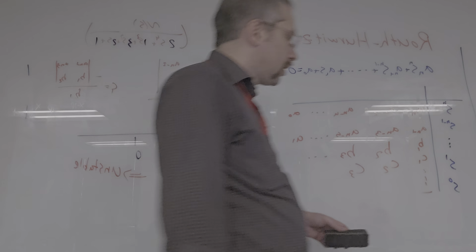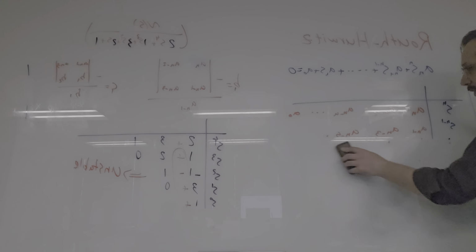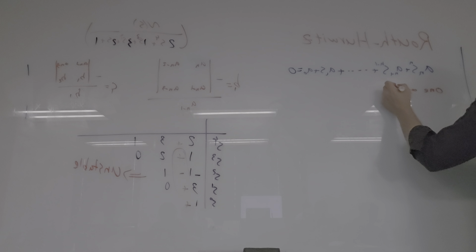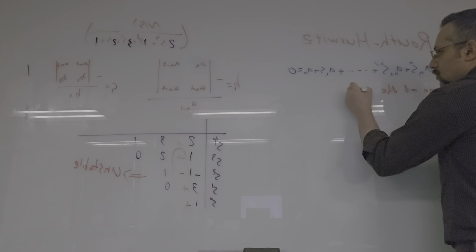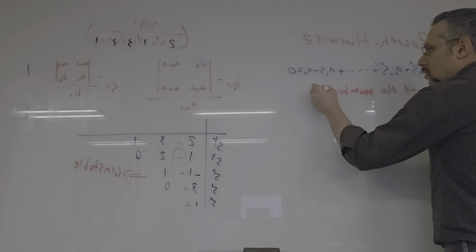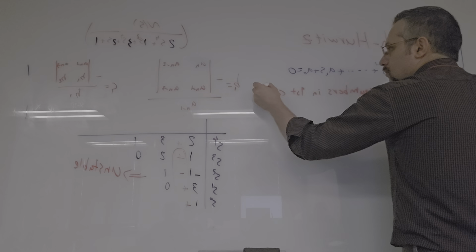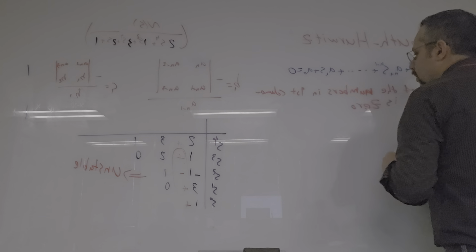Now, what happens if we have zeros and how can we deal with that? Two situations could happen that we are going to end up with zeros. Either one of the numbers in the first column is zero.